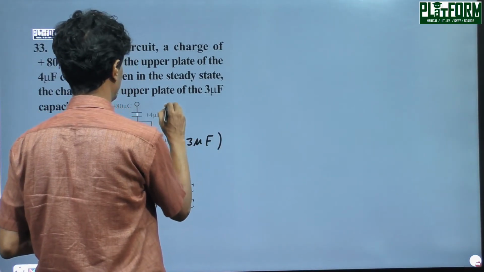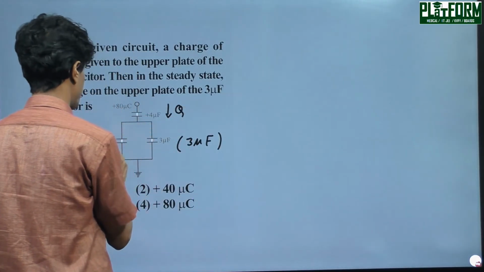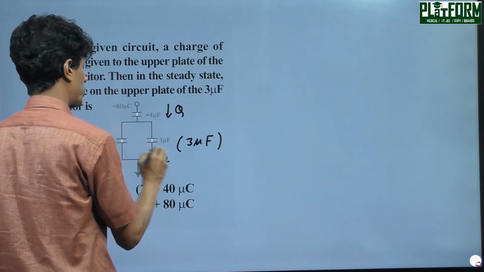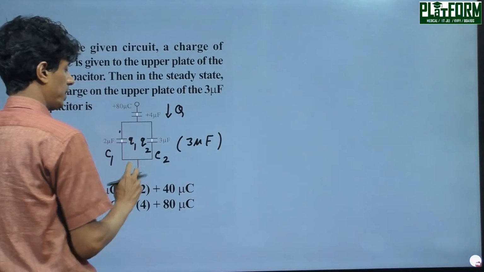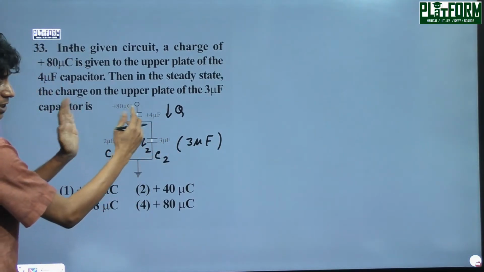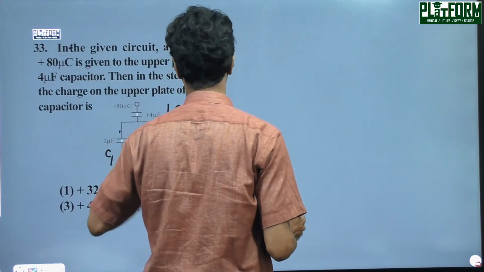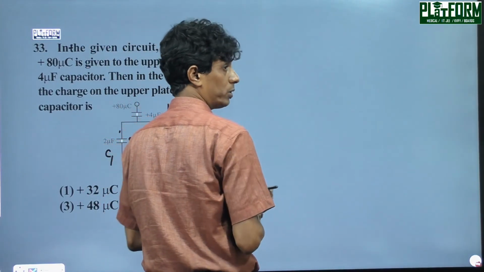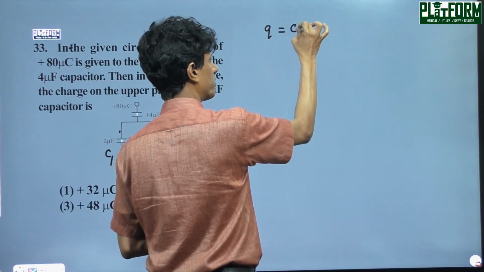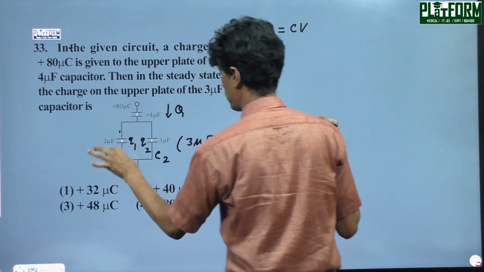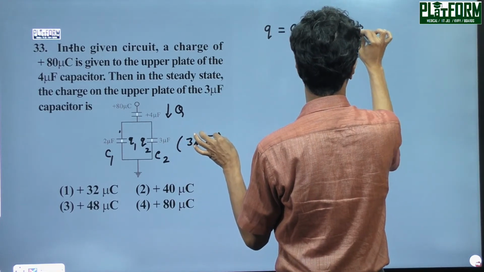Charge given is Q, with capacitances C1 and C2, and the charge divides into 2 parts Q1 and Q2 under the same potential. Q is equal to CV for both capacitors C1 and C2, so V is the same for both.